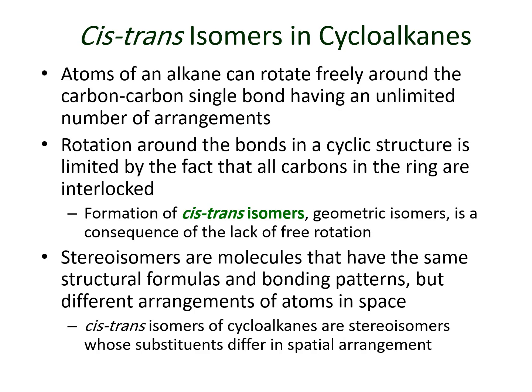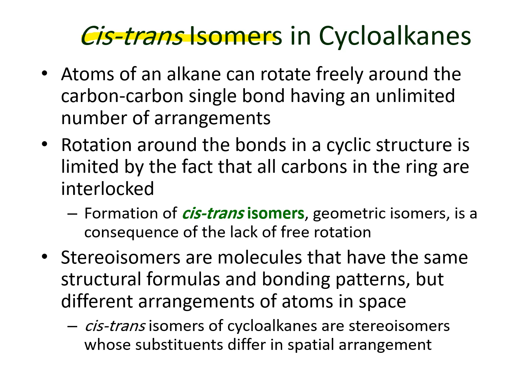Next up is a concept known as cis-trans isomers in these cycloalkanes. These are a special type of isomers, and before going into the detail, we have to know some basic chemistry of these cycloalkanes. The atoms of an alkane can rotate freely around the carbon-carbon single bonds and can have an unlimited number of arrangements.